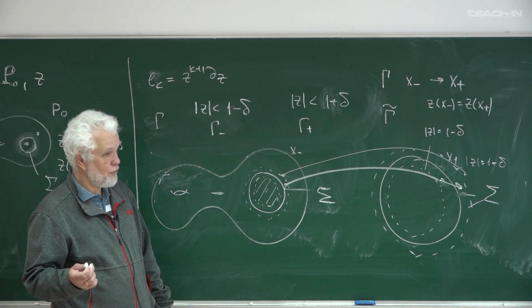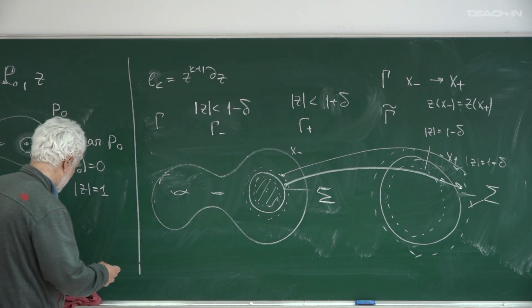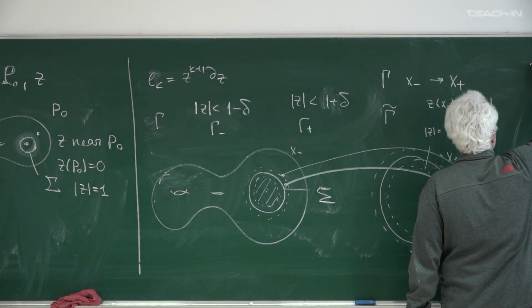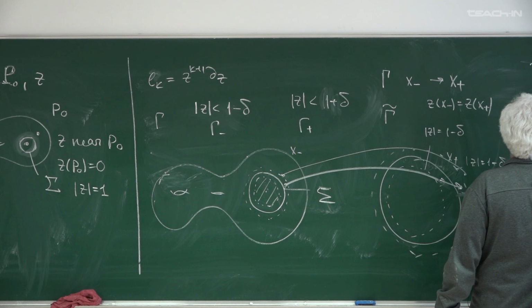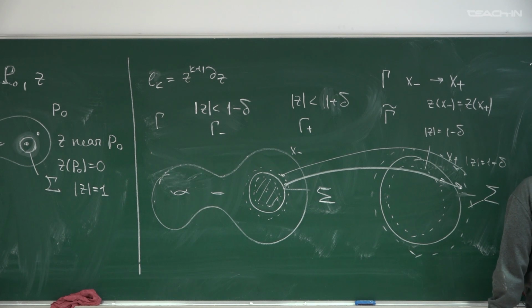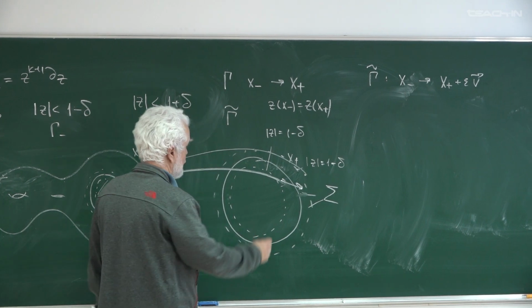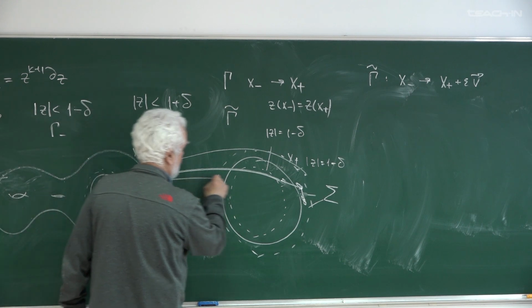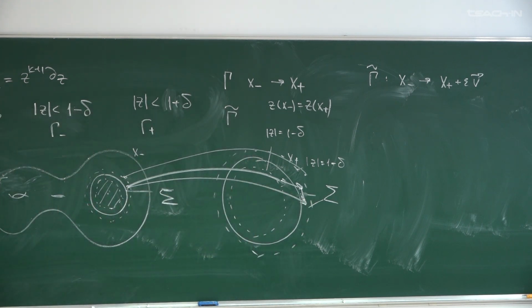But now let's introduce a new surface. We have a vector field. How to introduce new? We have vector field V. And now we glue this point to the shifted point. We have a new gluing law.